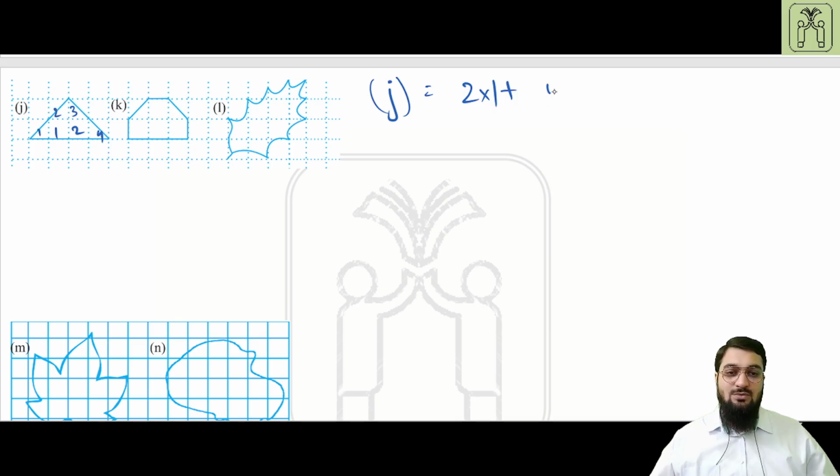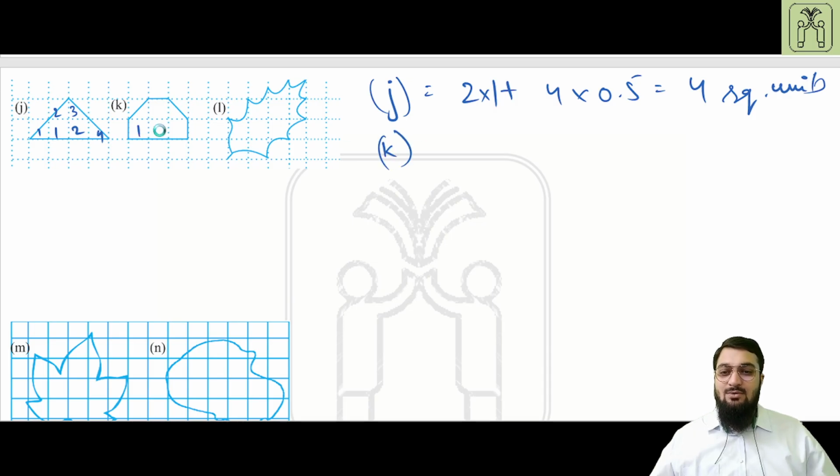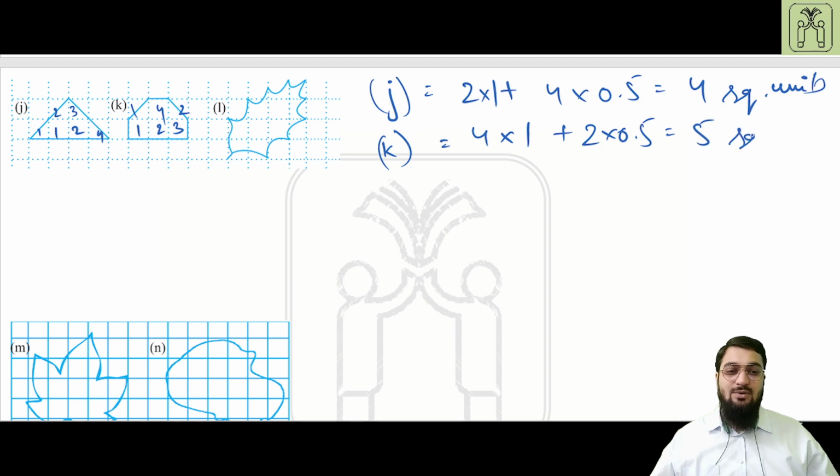So this will be 4 into 0.5, and that is 2 plus 2, equal to 4 square units. Coming to part K: 1, 2, 3 and 4. Area is equal to 4 into 1 plus 1 and 2, that will be 2 into 0.5, that will be 1. So 4 plus 1 is equal to 5 square units.